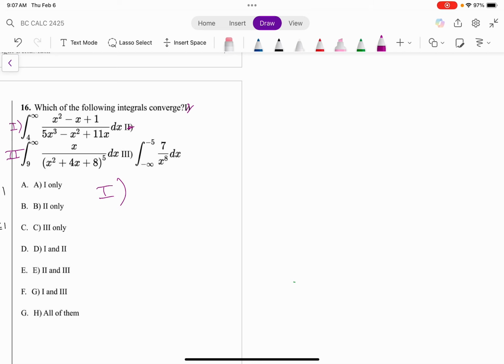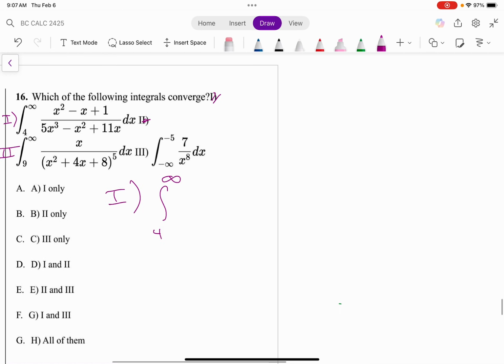So, for example, the first one, the integral from 4 to infinity. According to the limit comparison test, which you shouldn't use here directly, you shouldn't actually write it out, that's too much work.